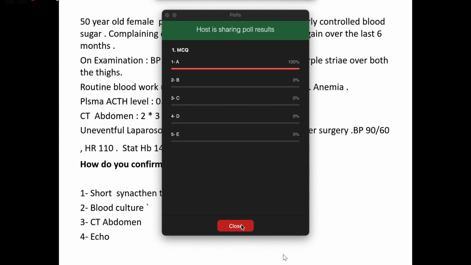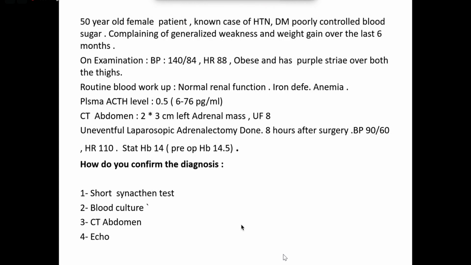So we give the patient synthetic ACTH, and we check the cortisol level 30 minutes later. Usually the cortisol should increase by more than 50% from the baseline. If it does not, the acute adrenal insufficiency is confirmed.